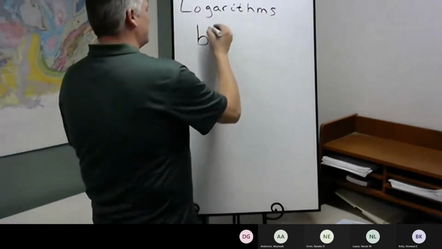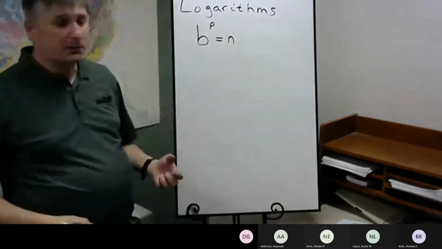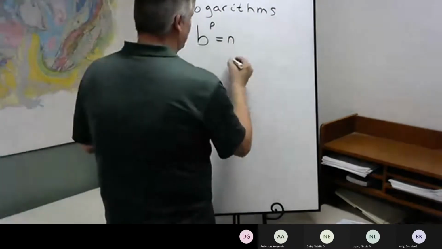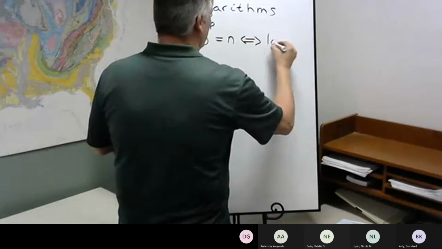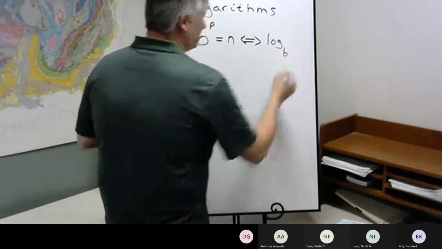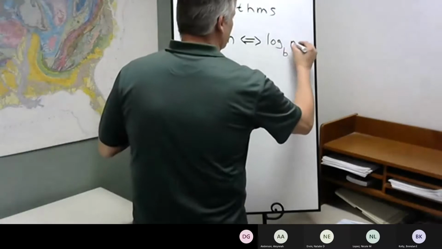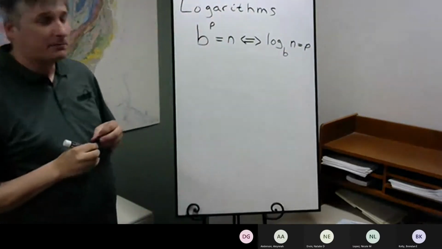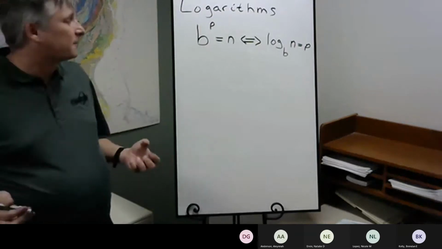You have a base to a power is equal to some number. So a logarithm that goes with this is a log of the same base of that number is equal to that power. And that's it. That's all logarithms are.